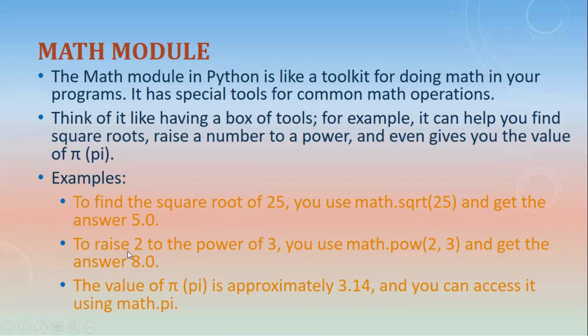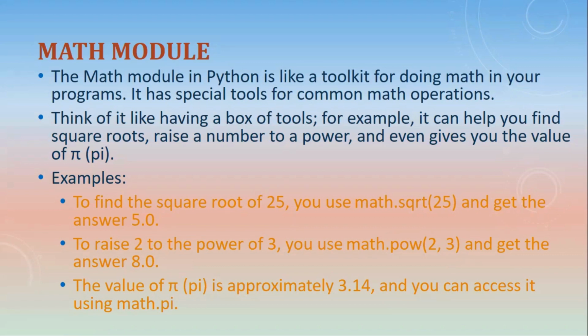There is also another function, power. So we can write math dot pow, which is for calculating power. If you want to see 2 raised to power 3, you can write math dot pow, and in the bracket, you can write 2 and then comma 3. So it will give you the answer for 2 raised to power 3.